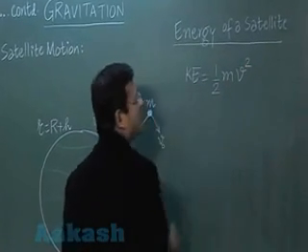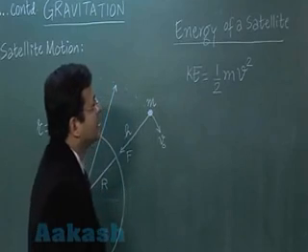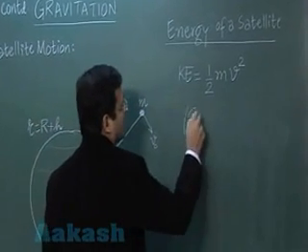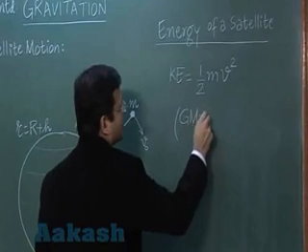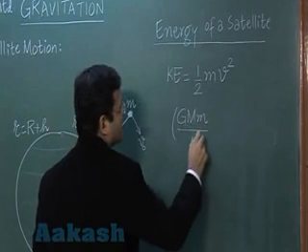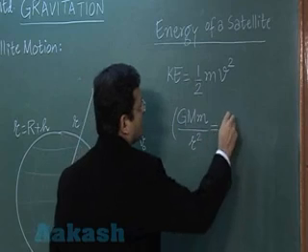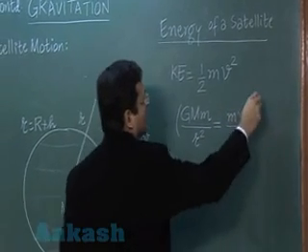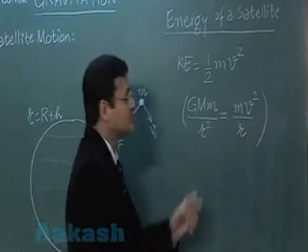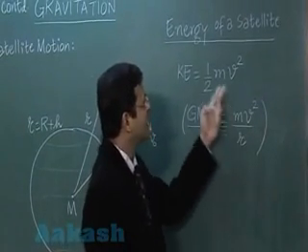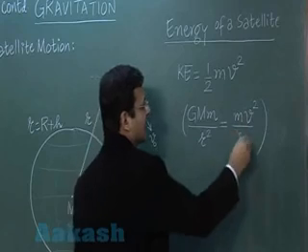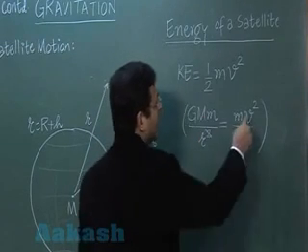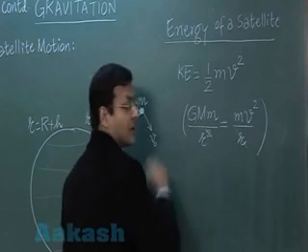This v is the orbital speed, and you had seen that the basic equation for a satellite's motion was GMm by r square equal to mv square by r. So if you employ this expression for mv square here, you can say that this r cancels one power and mv square becomes GMm by r.